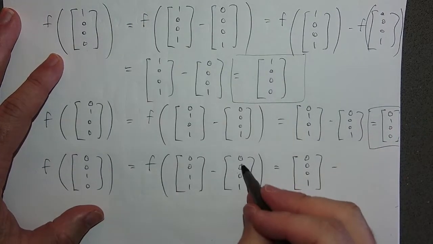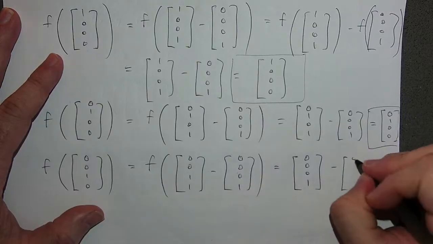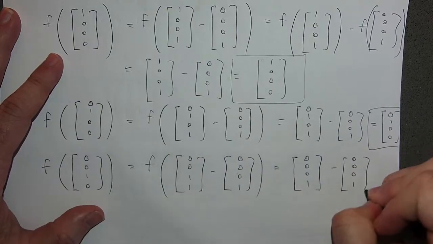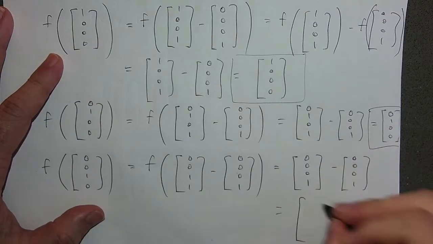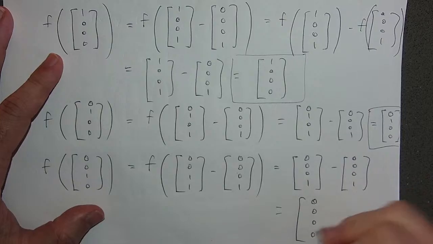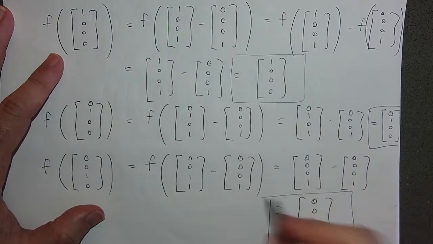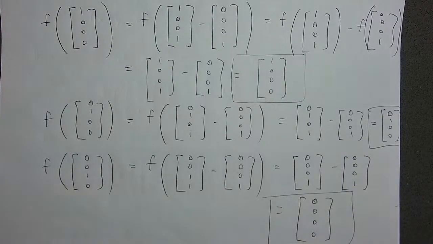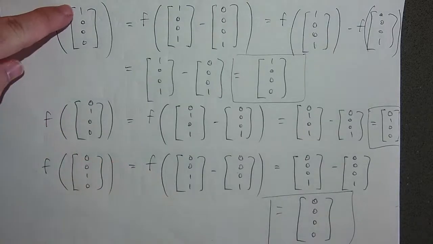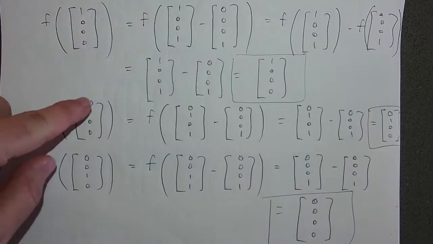And we know that 0, 0, 0, 1 gets sent to itself. Oh, okay, so this is different. Which means, going back to what I have here, f fixes 1, 0, 0, 0. It fixes 0, 1, 0, 0.